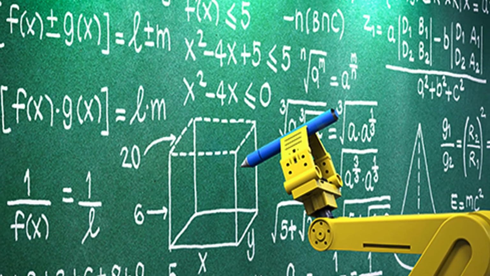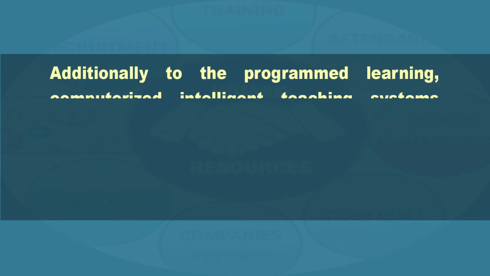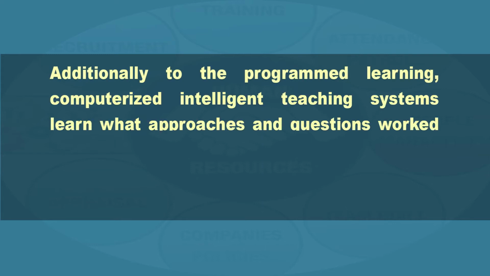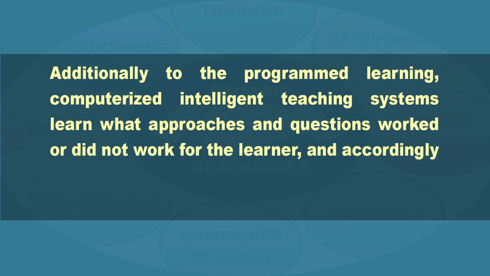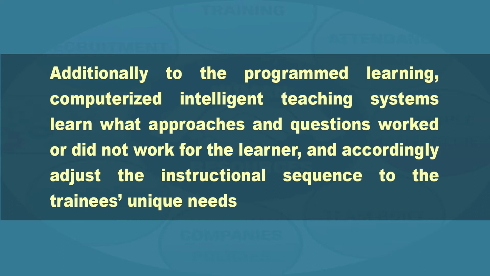Intelligent tutoring systems take programmed learning one step further. In addition to programmed learning, computerized intelligent teaching systems learn what approaches and questions worked or did not work for the learner and accordingly adjust the instructional sequences to the trainee's unique needs.